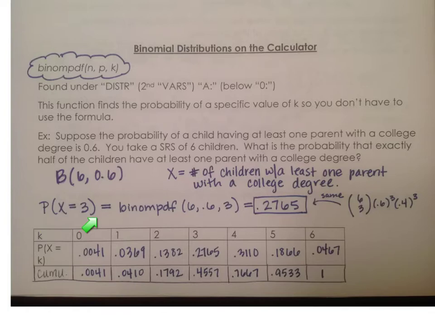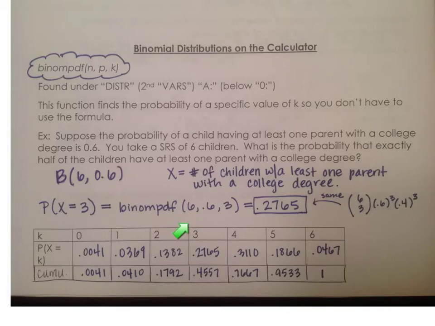Now, instead of doing this process over here, where we do 6 choose 3, take our probability of success to the third power, the probability of failure to however many observations are left, we can just find that function in our calculator.